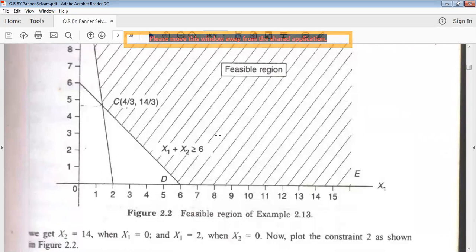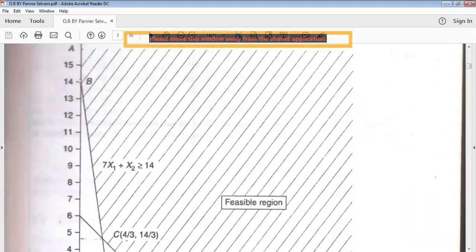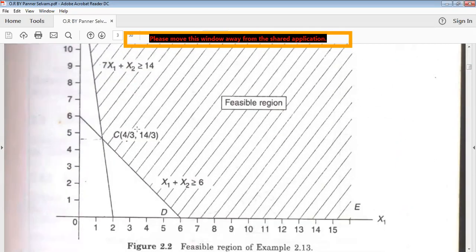After getting this, you have to calculate the points where the lines intersect. One is D, the second one is C, and the third one is B. This is the way you have to identify the 3 points.